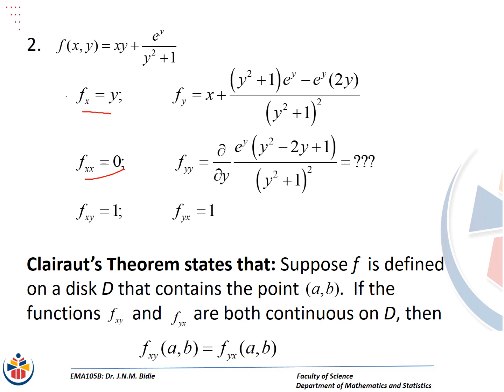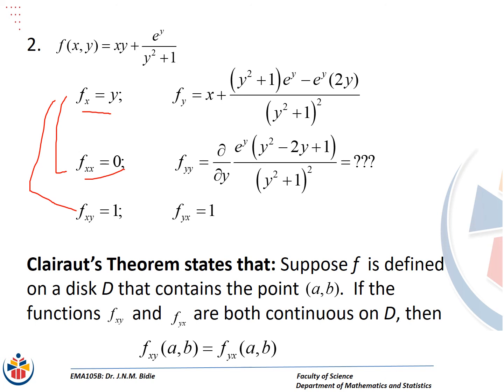From the first to the second, there is no x in the first one, so our answer is 0. And also from the first to the mixed derivative, where now the first derivative is differentiated with respect to y, our answer becomes 1.